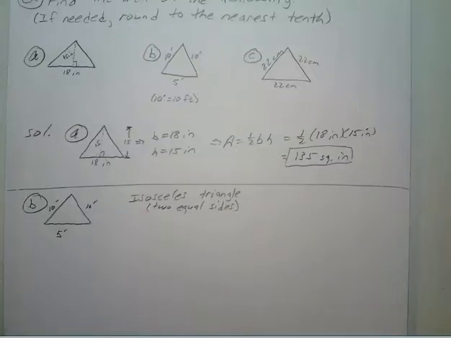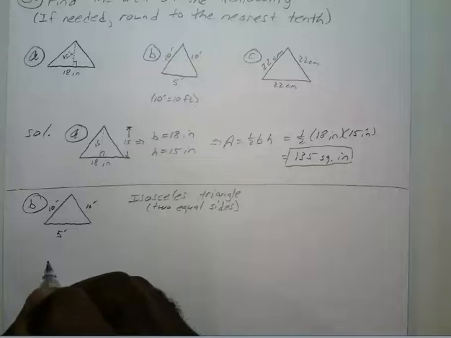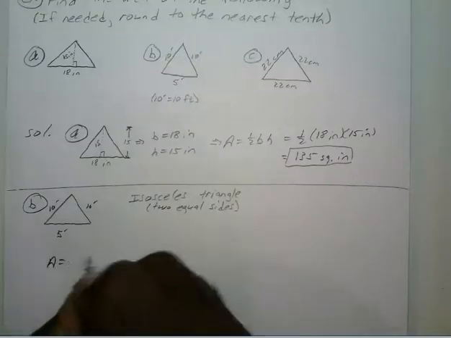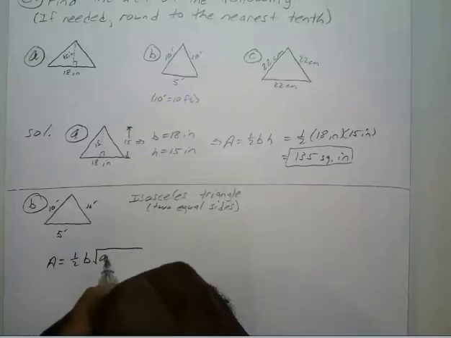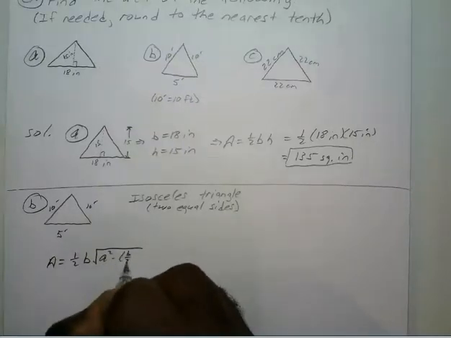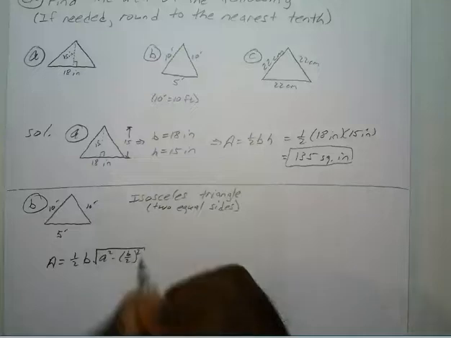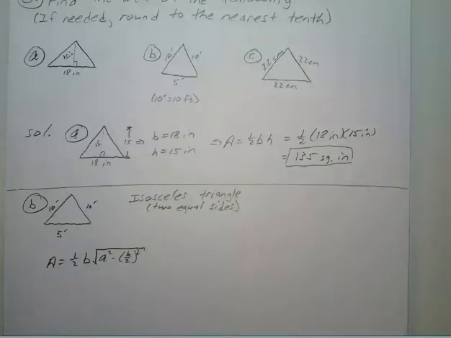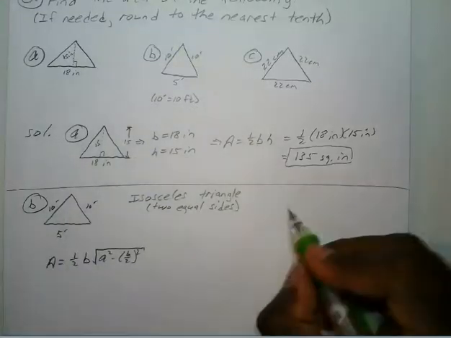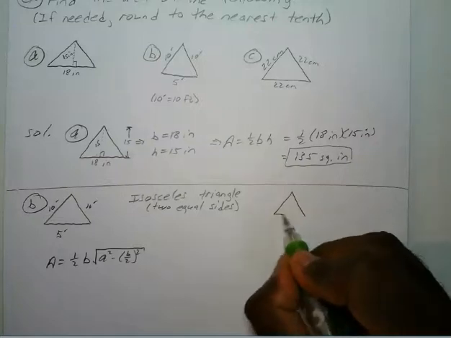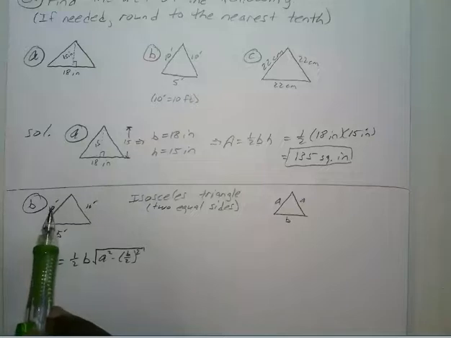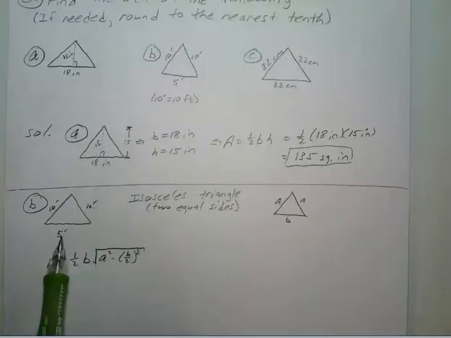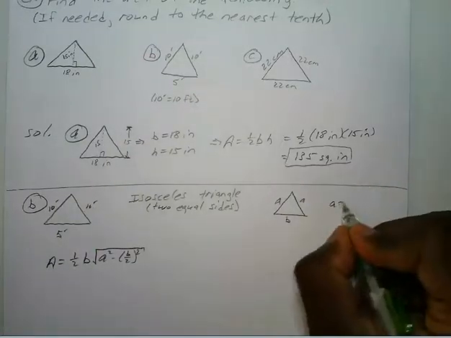Okay, so because it's an isosceles triangle, we're going to use the isosceles triangle formula for finding the area. And that's the area equals 1/2 times b times the square root of a squared minus b divided by 2, squared. Okay. Now in this case, remember your isosceles triangle, A, B. In this case, A is equal to 10 and B is equal to 5.